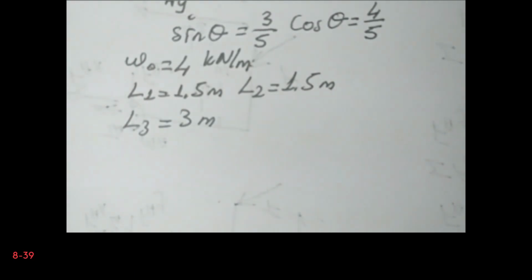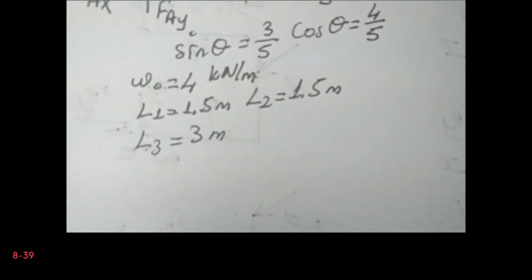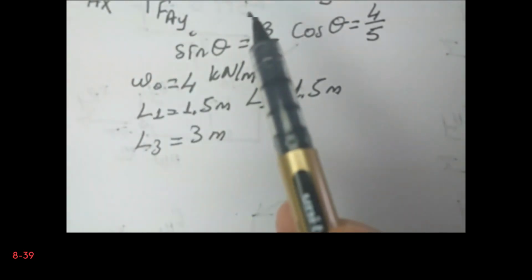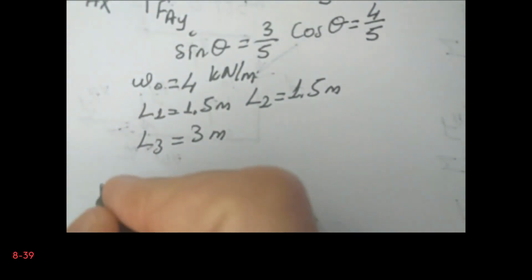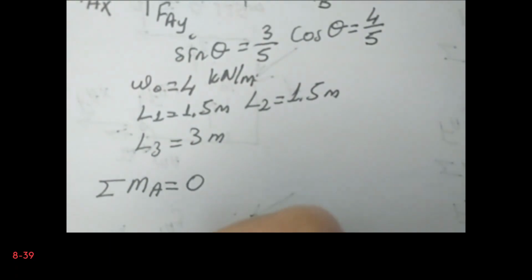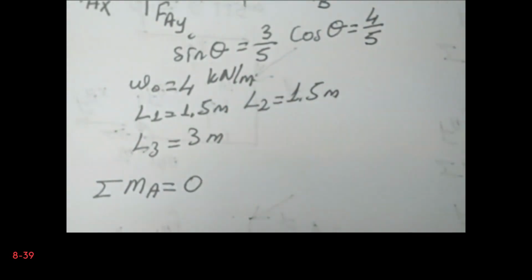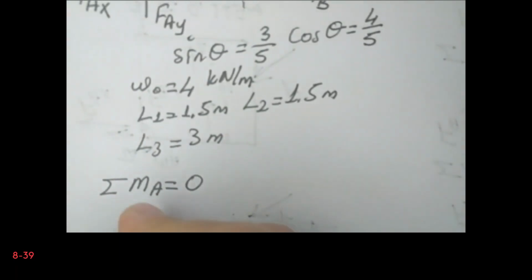Okay, so first thing is to determine the support reactions, and in order to determine the internal forces, what we are going to do is, first we will calculate the moment with respect to point A. So sum of the moments for the static equilibrium has to be 0 with respect to A. This will eliminate the contribution of the support reactions at point A, and from here we will have FB multiplied by 3/5 multiplied by L1 plus L2 plus L3.